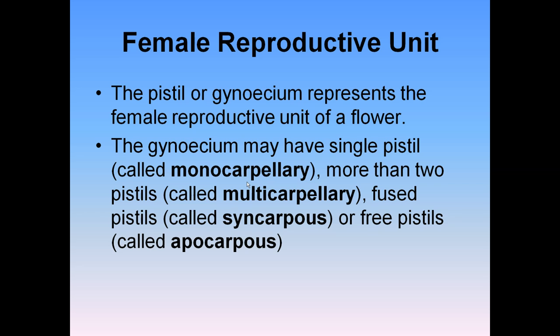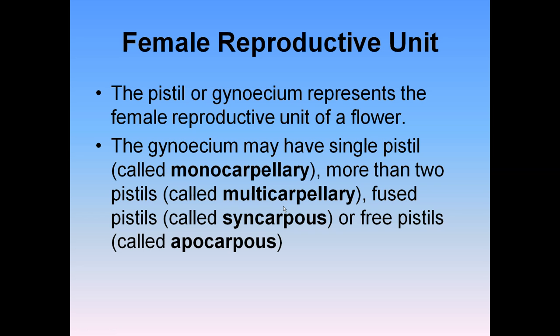As you are quite familiar, in angiosperms it is referred to as pistil or carpel, which is present as a unit of the flower. When in gynoecium a single pistil is present, the situation is referred to as monocarpellary. And when in a single gynoecium multiple pistils or carpels are present, the situation is referred to as multicarpellary.